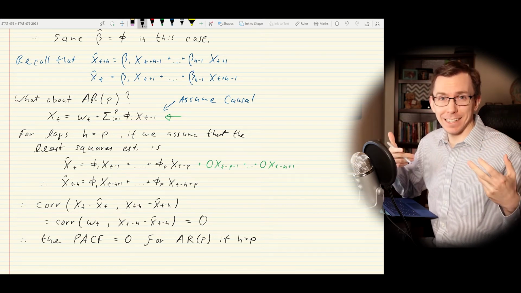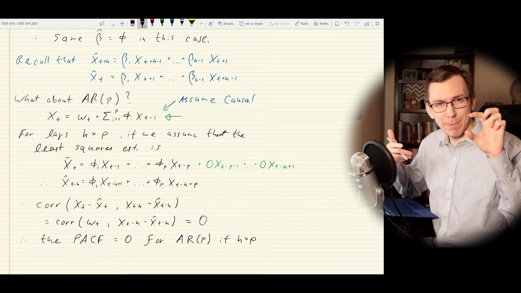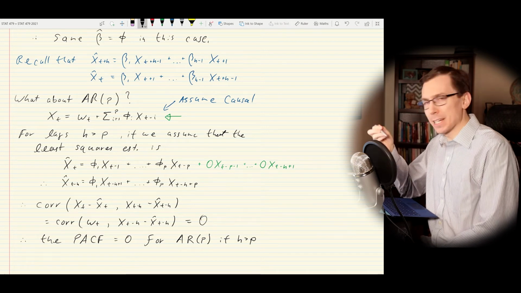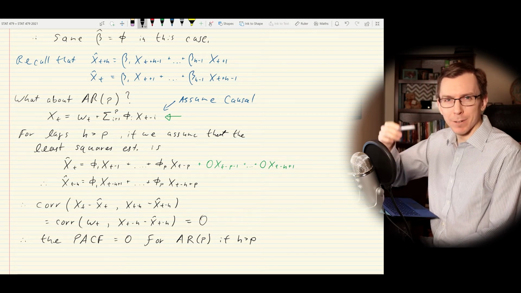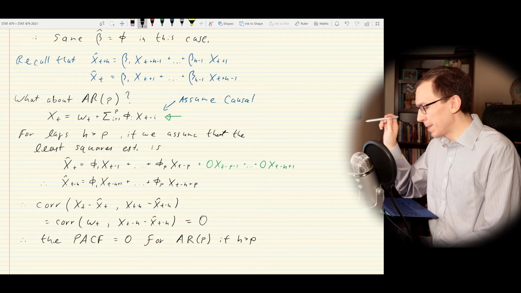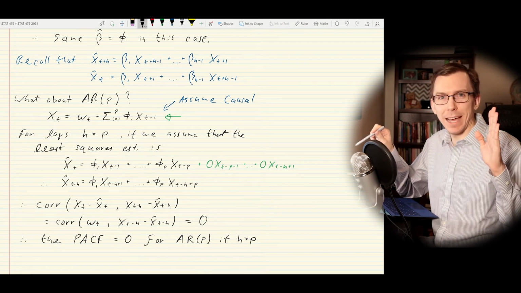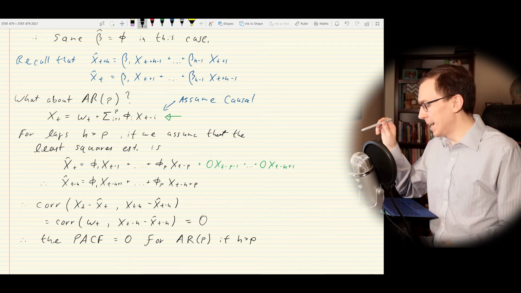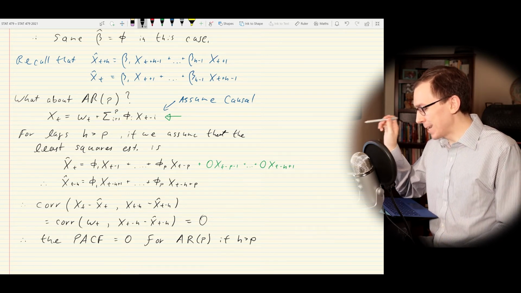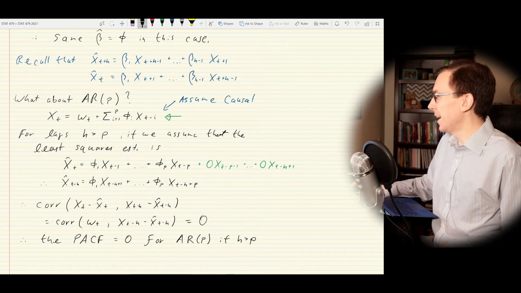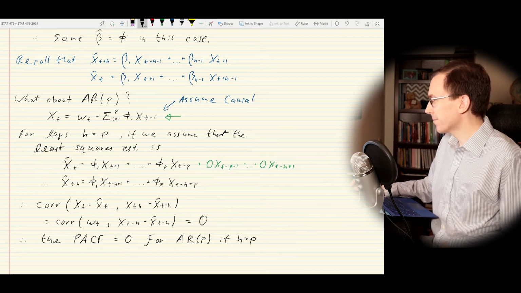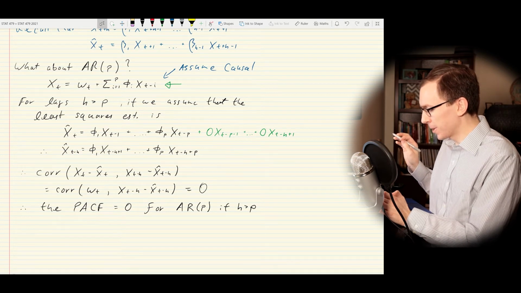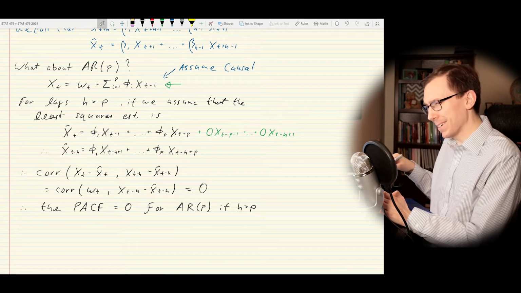Now, statistically, it's not going to be exactly 0. It's going to be a small, noisy value, because there's always going to be a little bit of white noise in there. It could be above or below when we try to compute it. But the point is that we can look to see when the partial autocorrelations become negligible, or very close to 0, and we can use that to determine the order of our autoregressive time series.